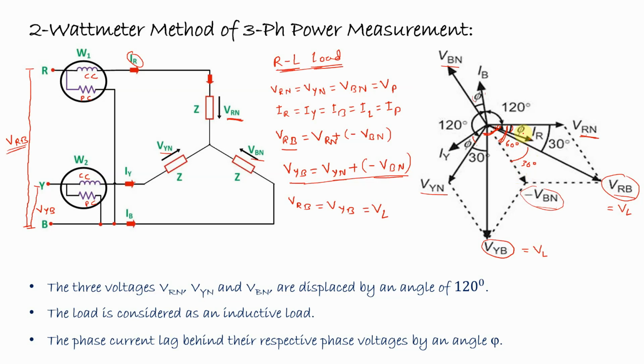Now we can see that the angle between VRN and IR is phi, whereas the angle between VRN and VRB is 30 degrees. Therefore, we can say the angle between IR and VRB is 30 minus phi. That means this angle can be written as 30 degrees minus phi.